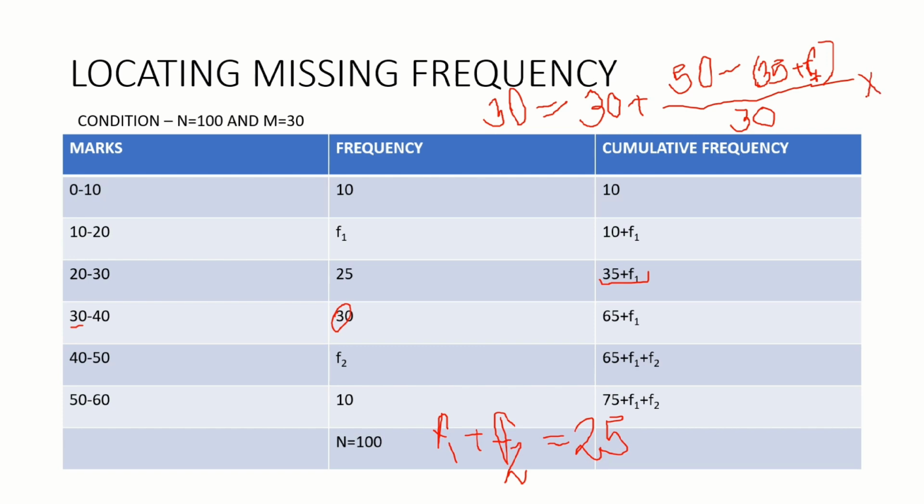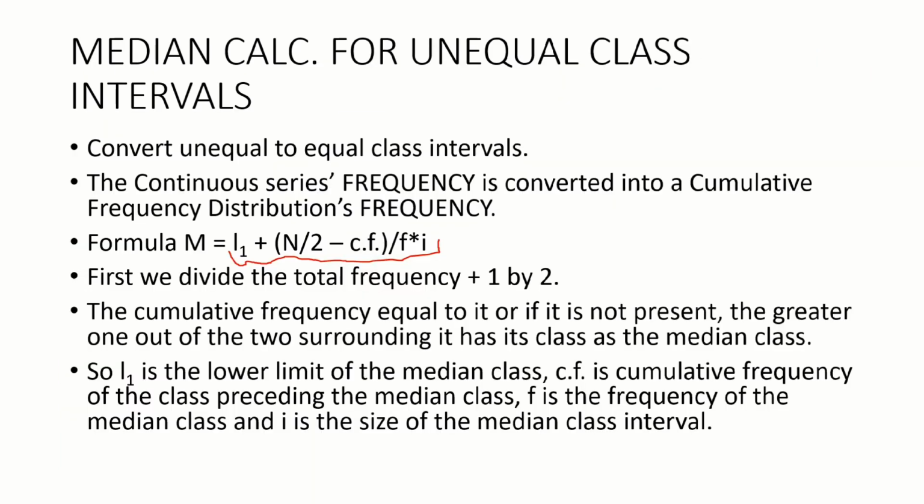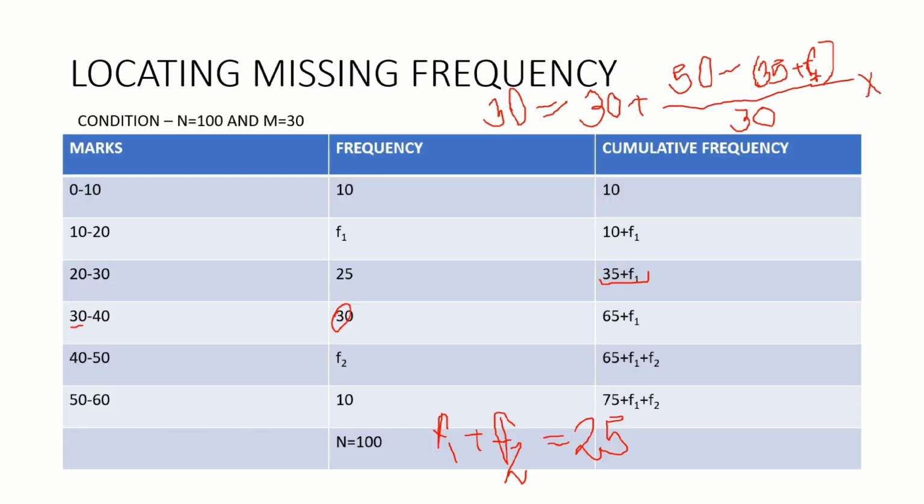Now that's actually h. Remember what h stands for? If you've forgotten, then h is the size of the median class interval. Here it's equal to 10, remember? So, multiplied by 10. Now, what do we understand from here? Taking the eraser, we erase this part a little bit and solve it even further.